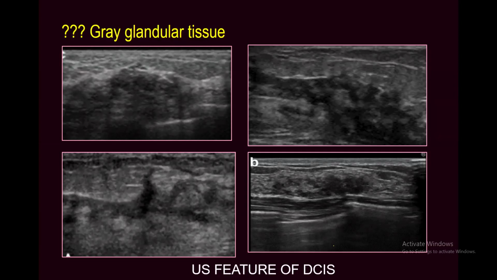But in the scenario now, you don't need a mass. Especially in lobular carcinoma, you don't need a mass, and if you have DCIS, you don't need a mass. Not all breast cancer presents typically as a breast mass.